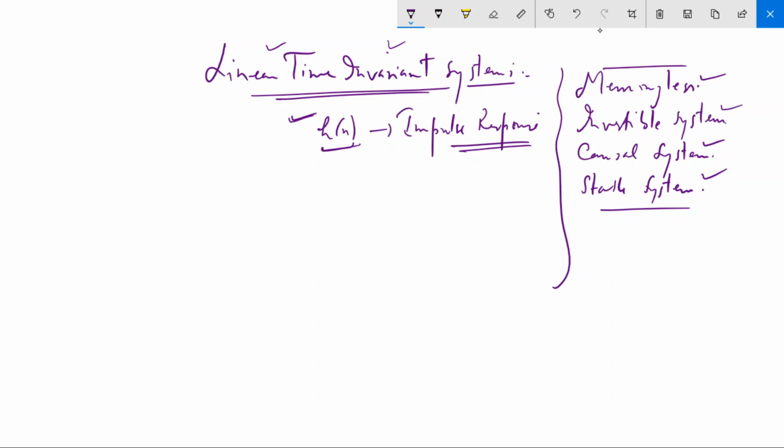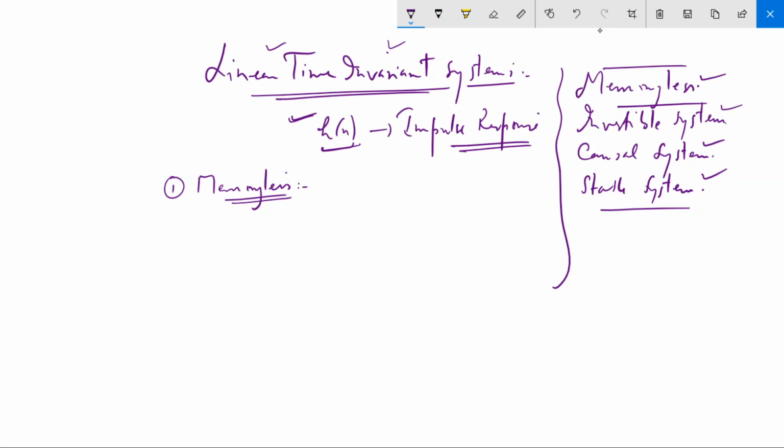Okay. If I take the first case, memoryless, whether an LTI system will be memoryless or not, how you can check from its impulse response.